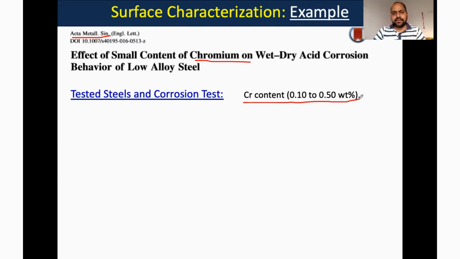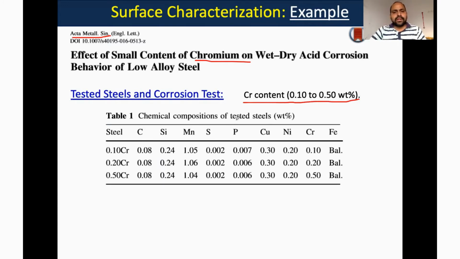So they have this variation in chromium content, and overall we can see the chemical composition of the samples: chromium 0.1, 0.2 and 0.5, and then carbon, silicon, manganese, sulfur, phosphorus, copper, nickel, chromium, and then the balance iron. The remainder is iron, whatever the percentage is. So we have three samples, 1, 2, and 3, that they are going to analyze.